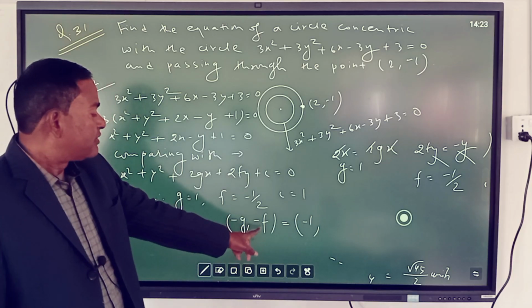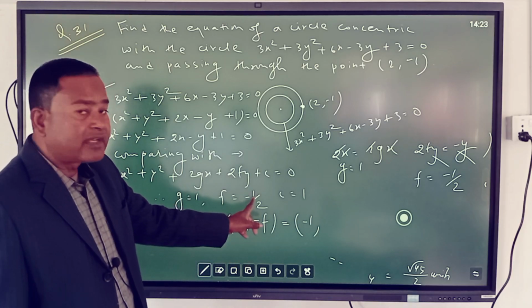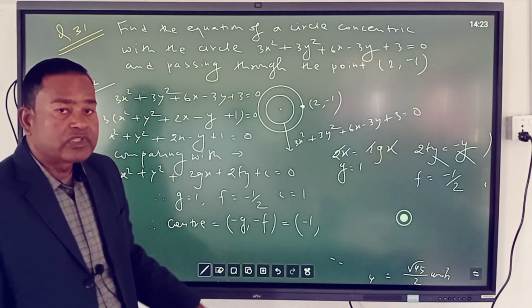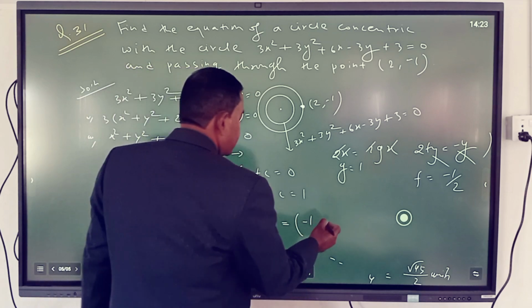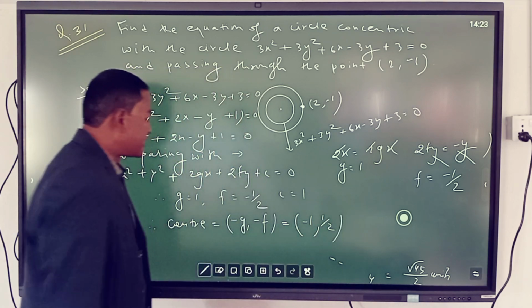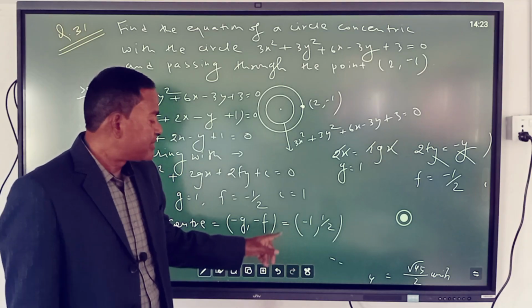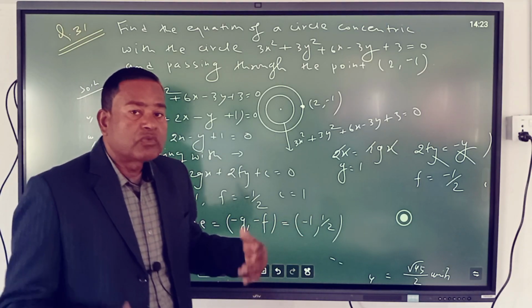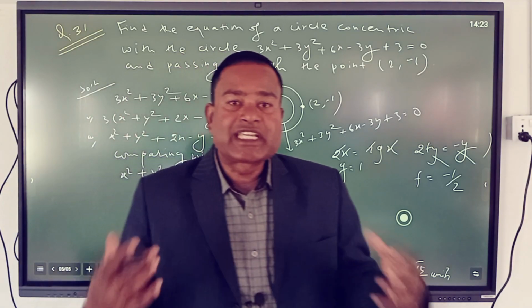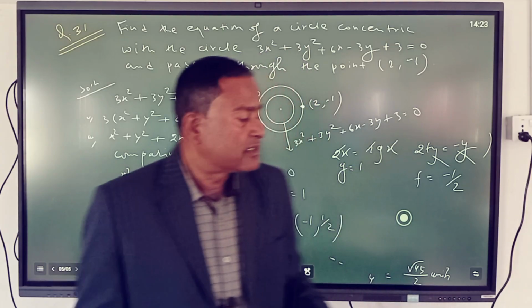And the value of f is minus 1 by 2, then minus will be plus 1 by 2. So dear student, the value of minus g comma minus f, that means minus 1 comma 1 by 2, is the center of the concentric circle.